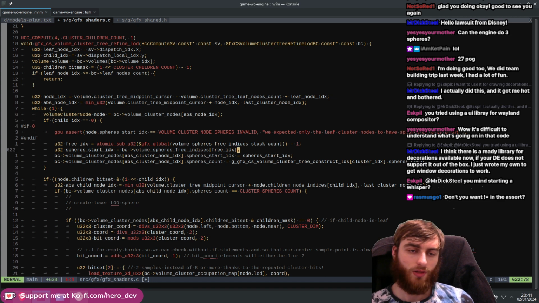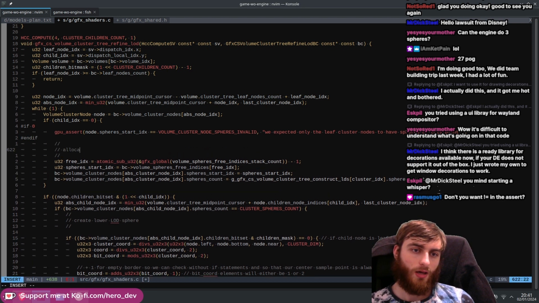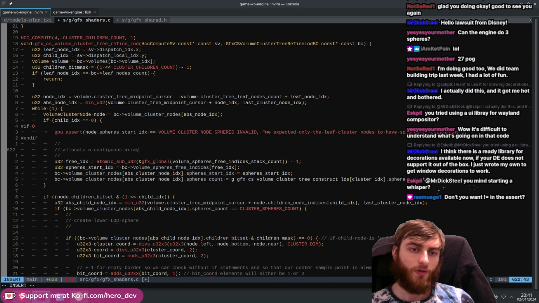So here we're going to actually allocate a contiguous array of spheres, 8 spheres for this cluster.